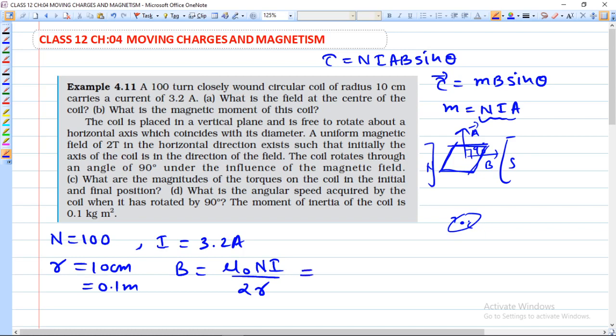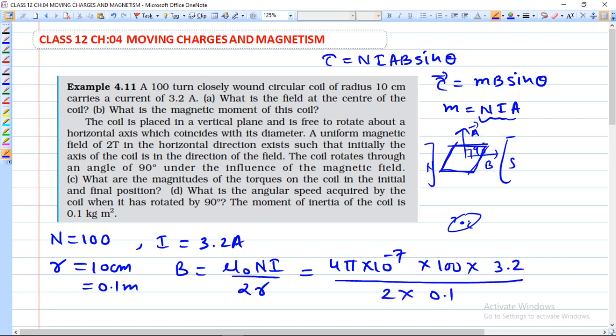What is mu 0? 4 pi into 10 raised to minus 7. What is N? 100. What is I? 3.2 divided by 2R. And what is R? 0.1. Clear?